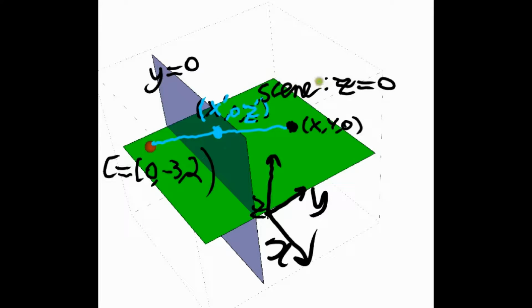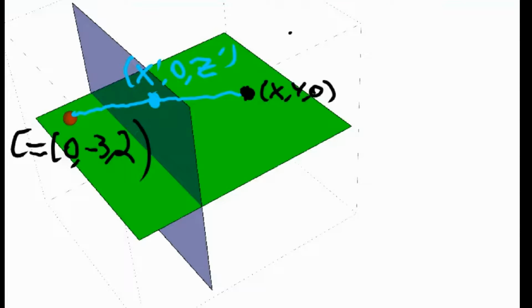Okay then, so how are we going to go about determining this image point x dash, 0, z dash? Well, the first thing to notice is that it's obviously going to lie on this ray which goes from x, y, 0 to the viewing point C. So we can actually describe that ray with an equation.